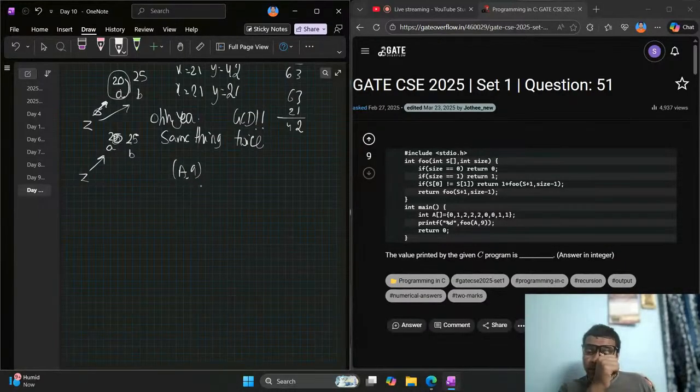Size is not 0, size is not 1. So 0 is not equals to 1, so it will return 1 plus foo of s plus 1.